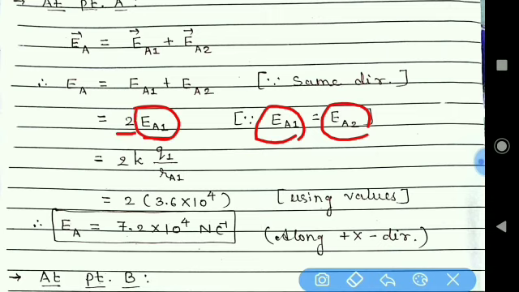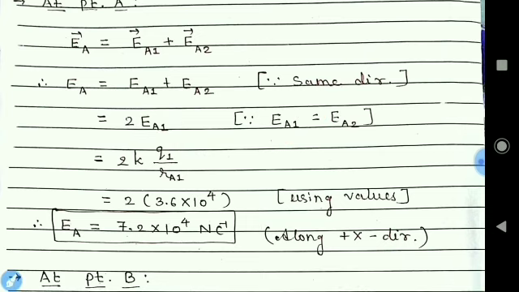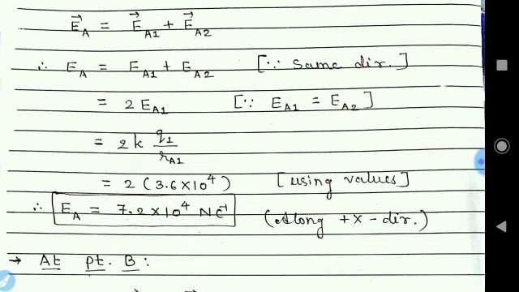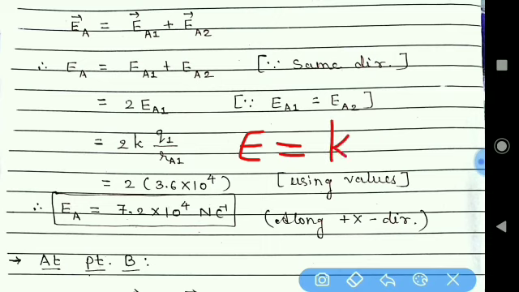Now we know the formula of electric field due to any charge. Electric field due to any charge E is equal to K Q by R square.